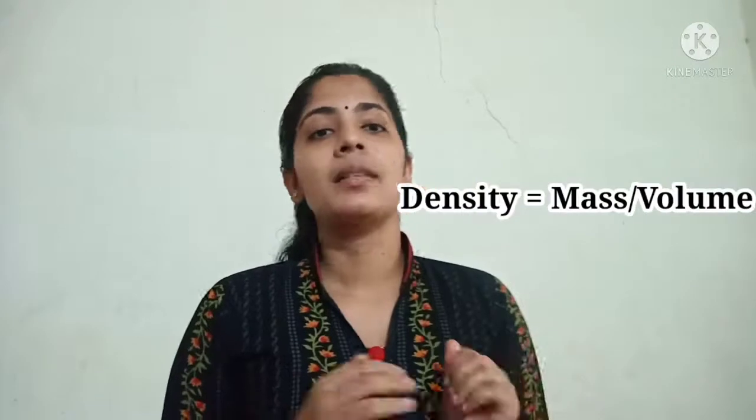This property, that is the mass present in a unit volume, is called density. Then what is density? It is the amount of substance present in an object per unit volume. Or in other words, density is the ratio of mass to volume.